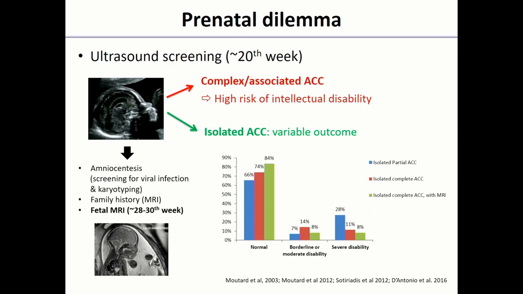You can see on this schematic that a retrospective study has shown that between 66 and 84% of individuals with isolated ACC will have normal intelligence, whereas the remaining 30% will have an intellectual disability syndrome that can be either moderate or severe.